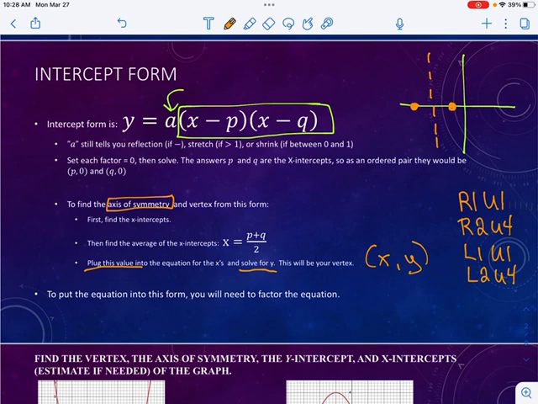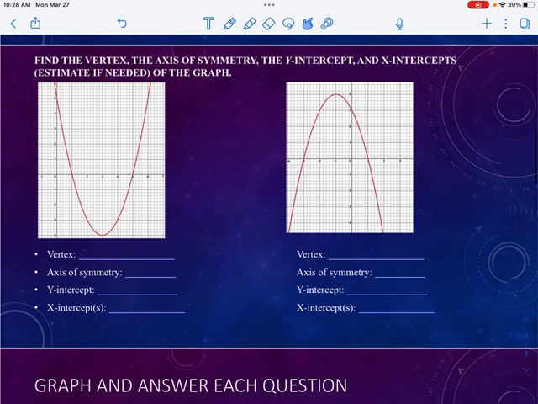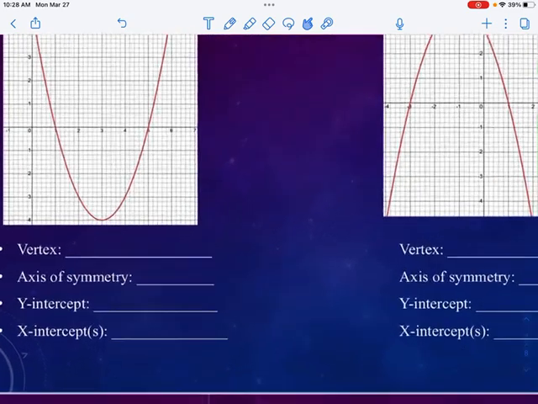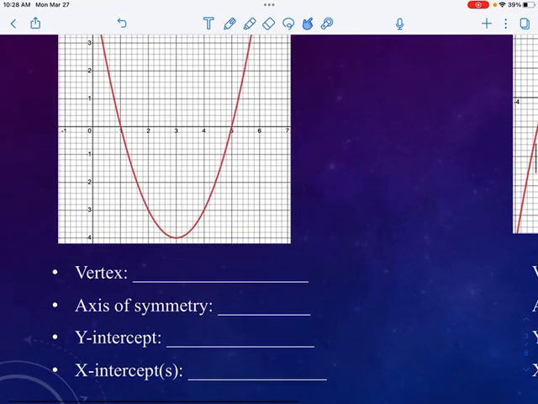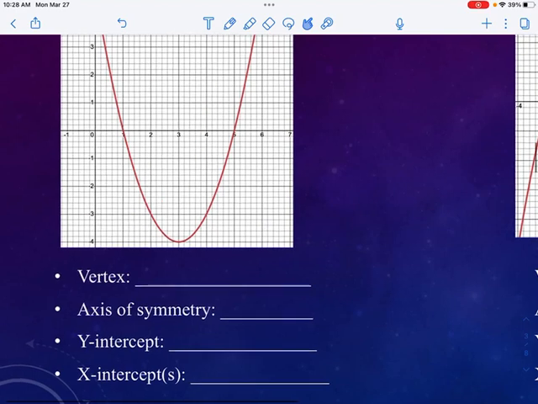Okay? So let's take a look at these problems. In this first part, given a graph, can you spot where things are? We're going to start with the first one, and I'm going to ask you for the vertex. The vertex here is at the bottom of the U shape, the parabola, so it would be at 3, -4. Once again, it is a minimum in this case.